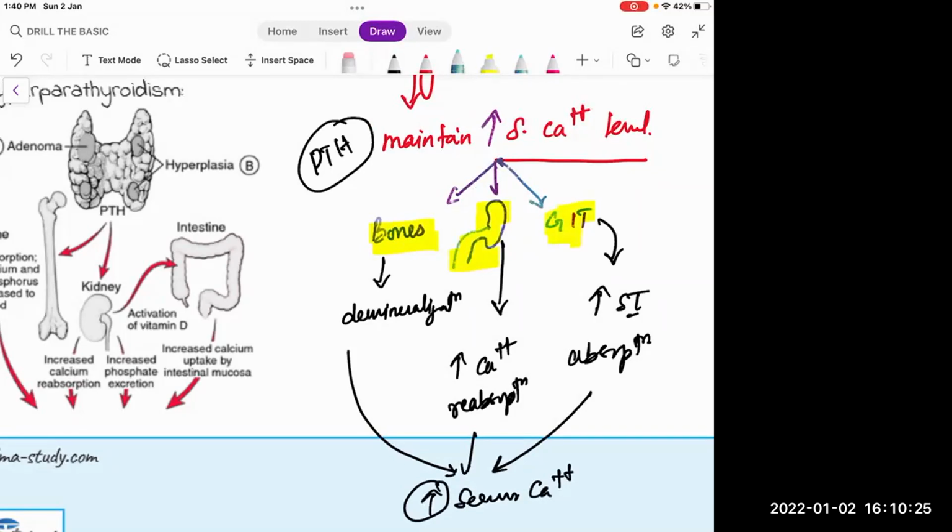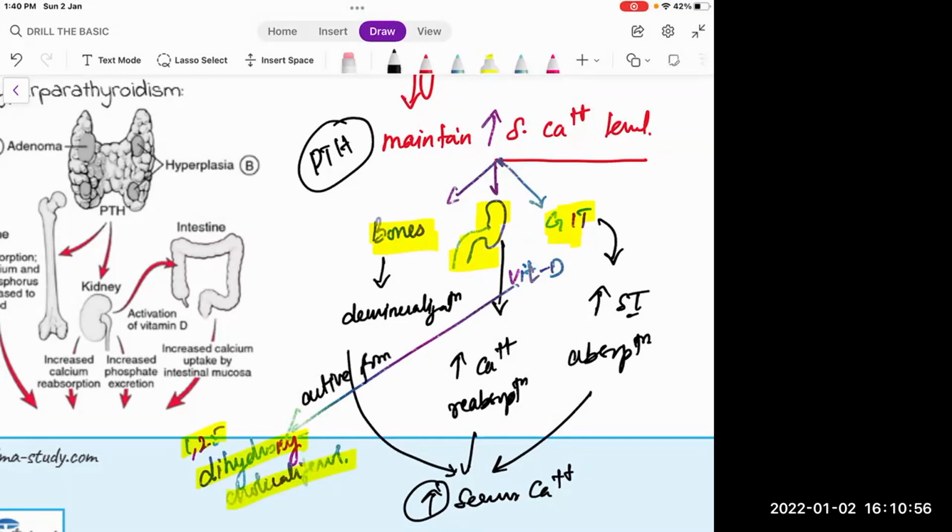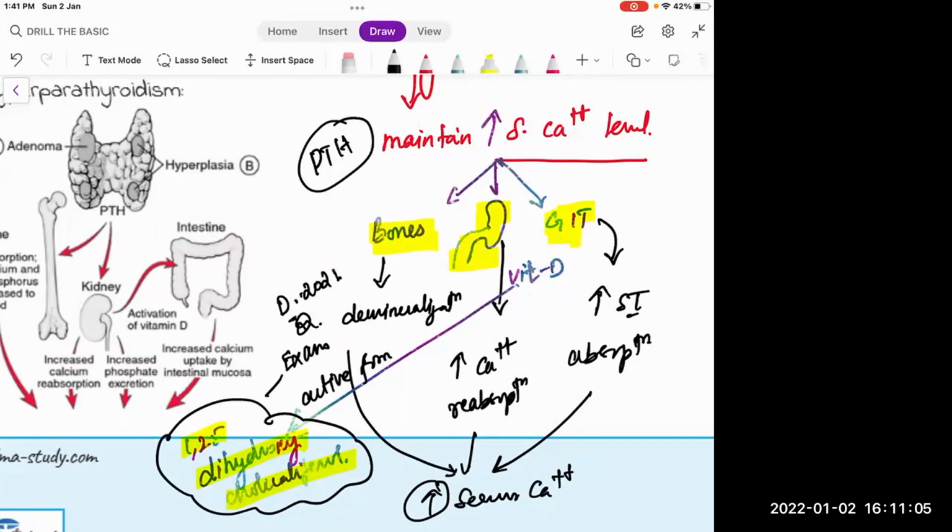In the kidney, it also has another role, the activation of vitamin D into its active form, that is 1,25 dihydroxycholecalciferol. So that is the active form of vitamin D. This was an exam question in the December 2021 exam.